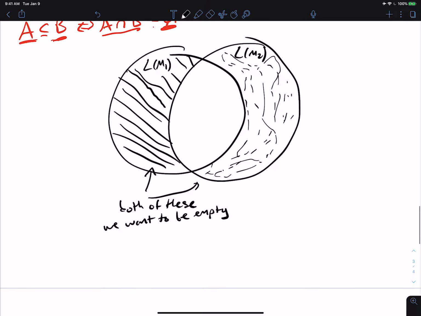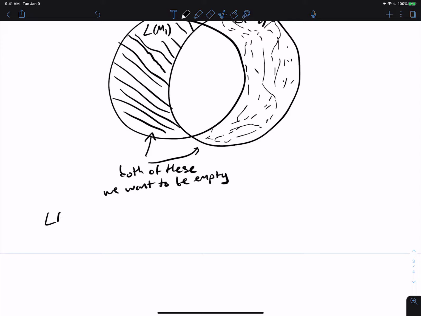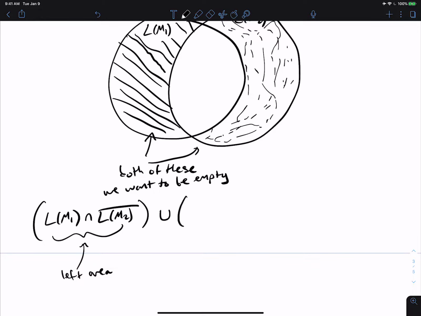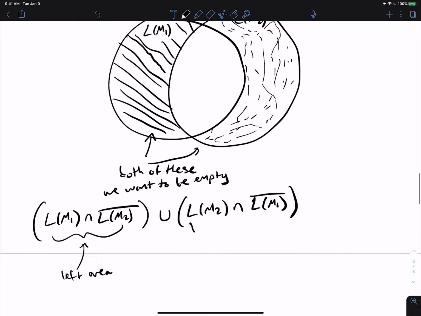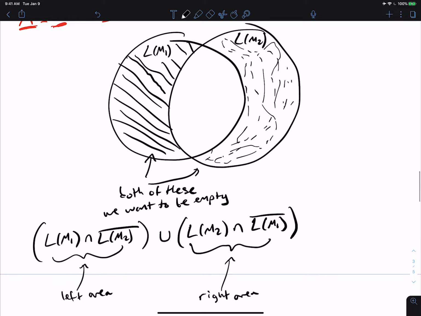So, in other words, what we want is the language of M1 intersection the complement of M2's language, and then union. So this is the left area, and then the other area is the language of M2 intersection the language of M1 complement, and this one here is the right area, and we want both of them to be empty.